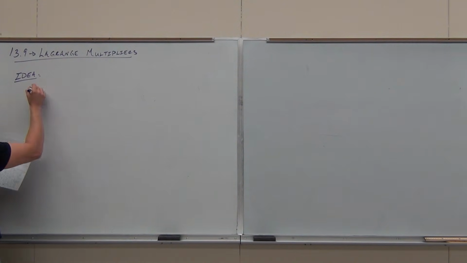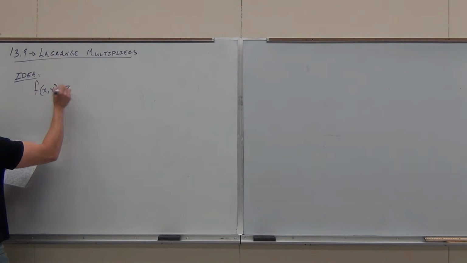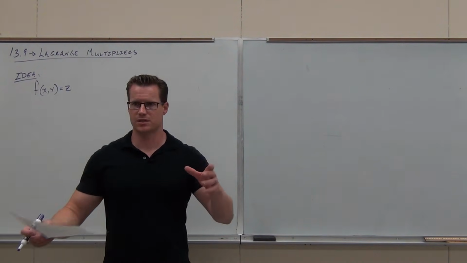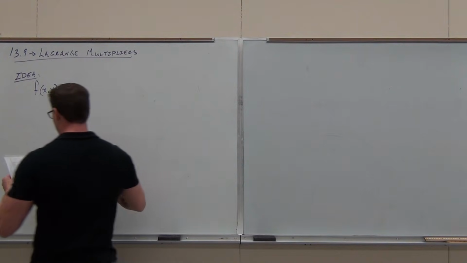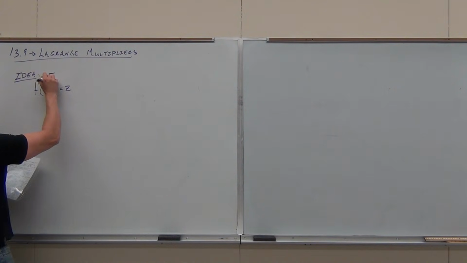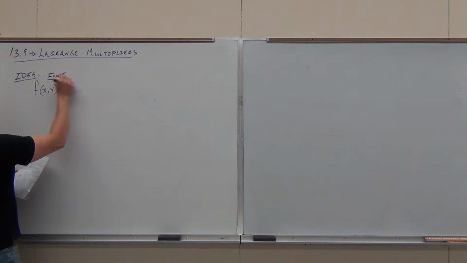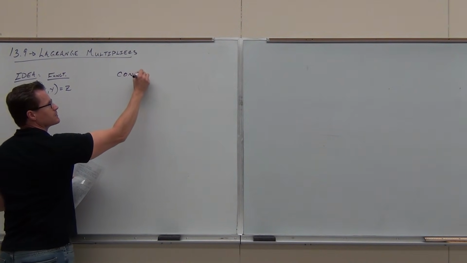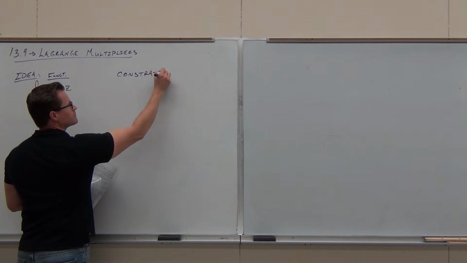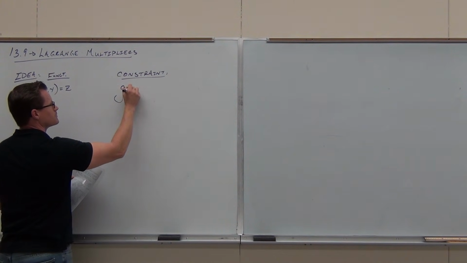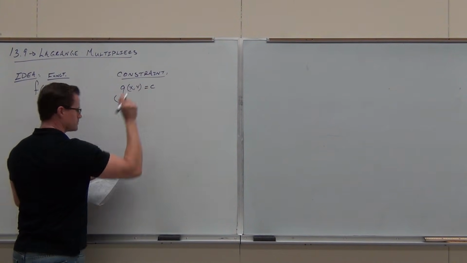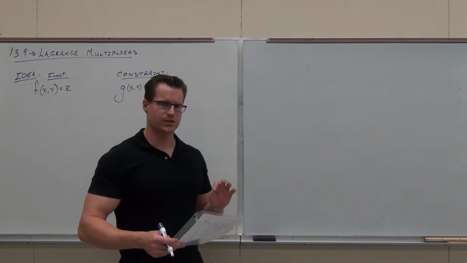Take a function. Notice a 2-variable function. This is a surface. And take a constraint, where C is a constant.